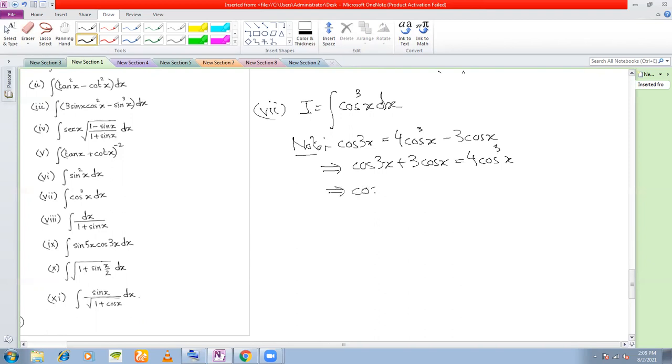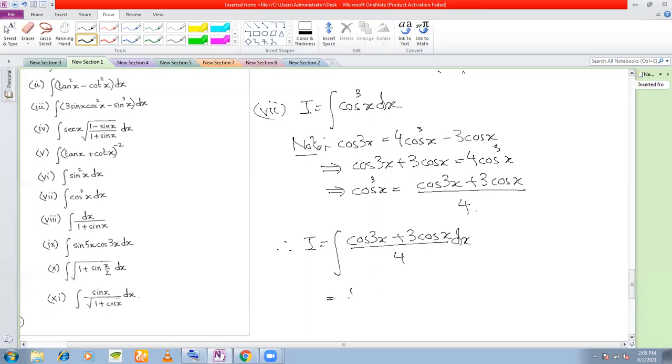That means what is cos cube x? It is cos 3x plus 3 cos x divided by 4, right? So you write this here. Therefore, I becomes integral cos 3x plus 3 cos x divided by 4 dx.